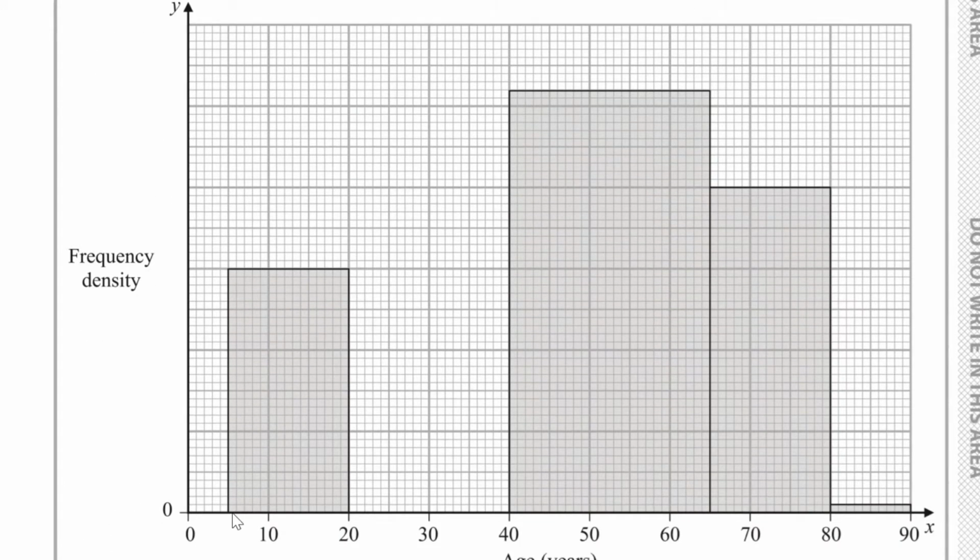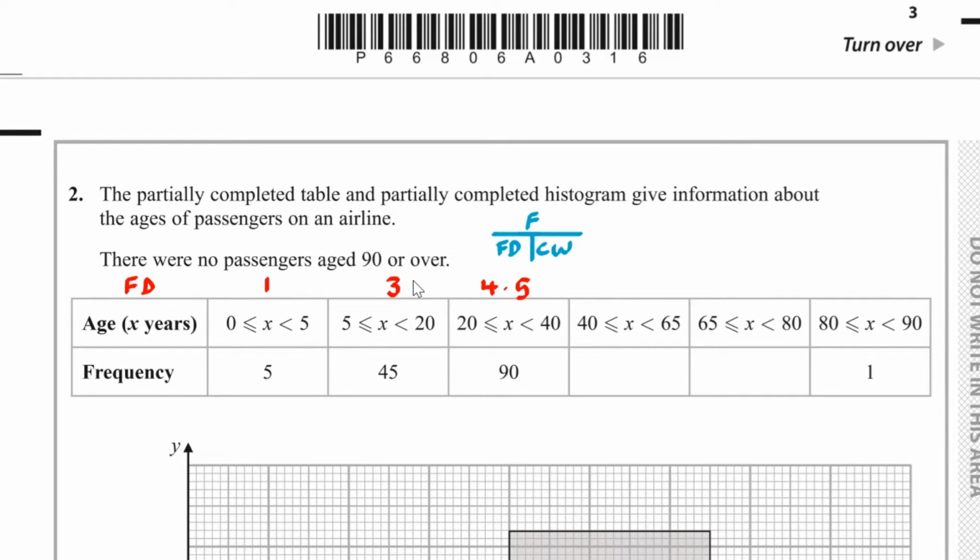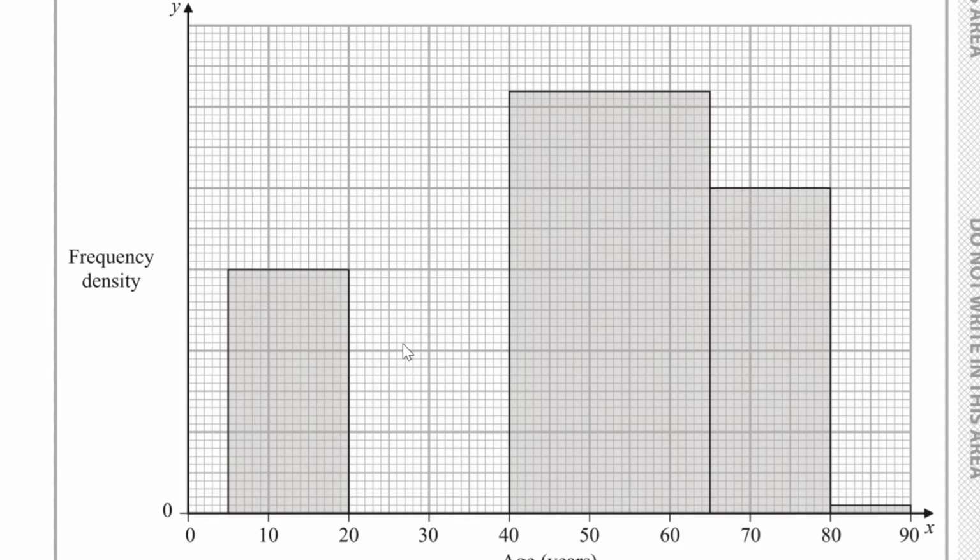We know from 5 to 20 we've got a frequency density of 3. So here we would have 3, and that means every big square is 1. So we've got 2 here, 1 here, 4, 5, and 6.